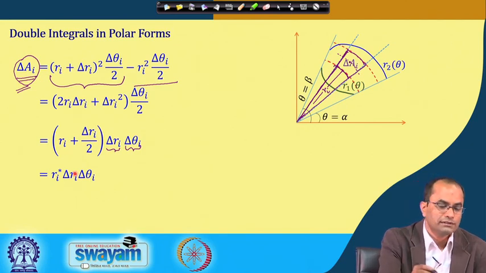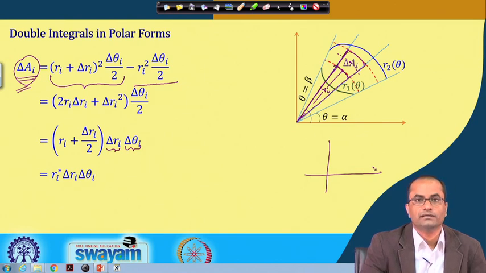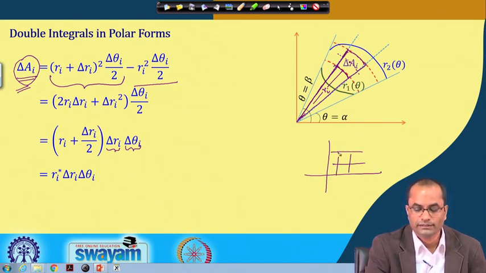So, this is a little different than what we have in the Cartesian case. When we have done the same thing for the Cartesian one, we were getting this increment in this direction by delta x and in this direction by delta y, and then this area becomes just delta x times delta y.